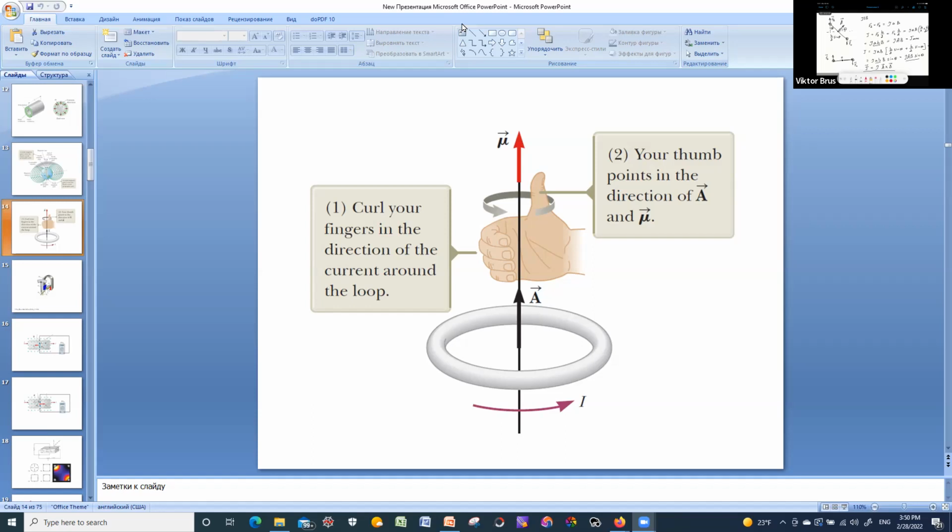That is applicable for a current loop of any shape. Here it is showing a circle, but it can also be rectangular or any other shape.